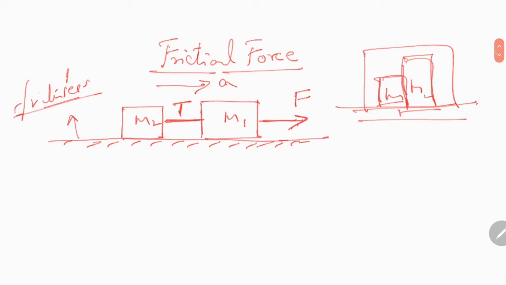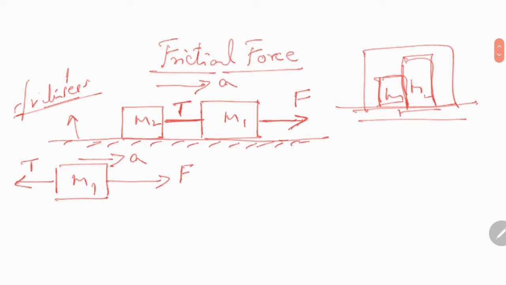So let's start with M1. So this is M1. Clearly we have a force which is acting in this direction, and there is something trying to resist it, that is the tension of the string. Are there any other forces acting? No. And this is resulting in the body moving in the forward direction with an acceleration A.